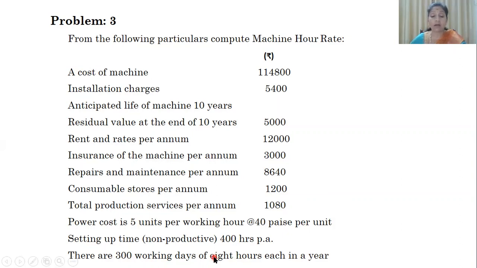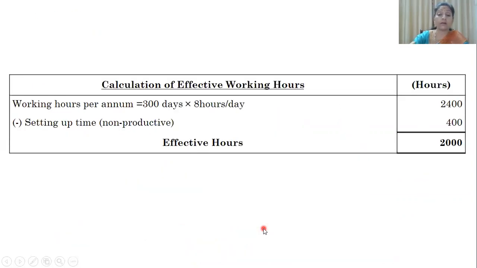That is called yearly working hours. Then setting up time has been given. That is non-productive hours. If it is productive, we should not take it into calculation. But setting up time is given as non-productive in the bracket, so we have to consider it as idle time. So here 2,400 minus 400, we will get effective working hours.